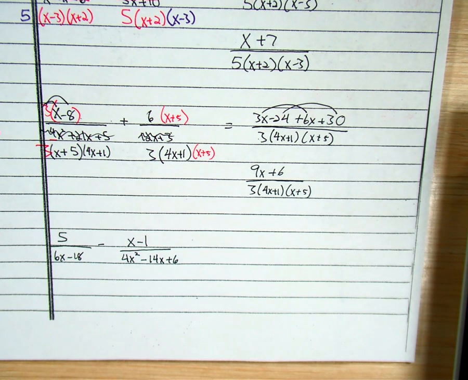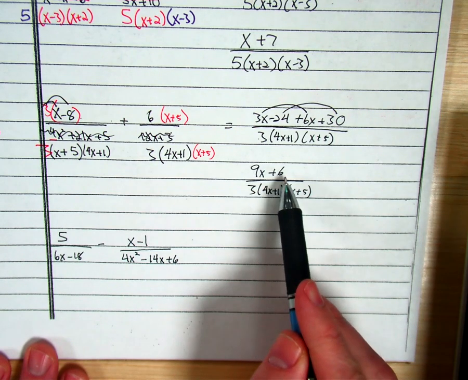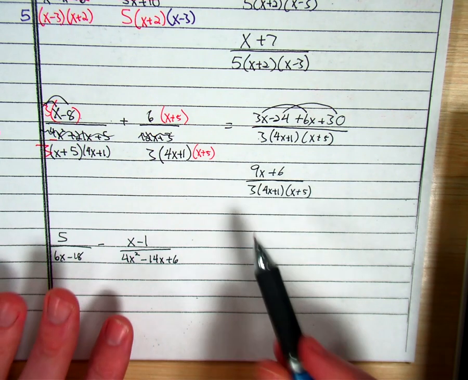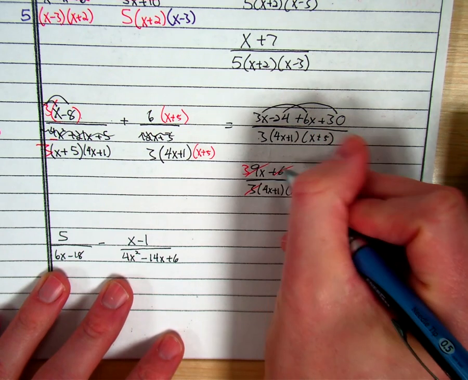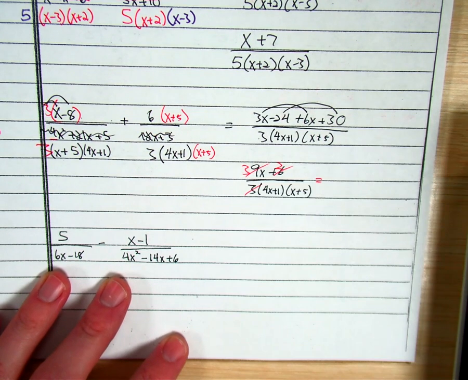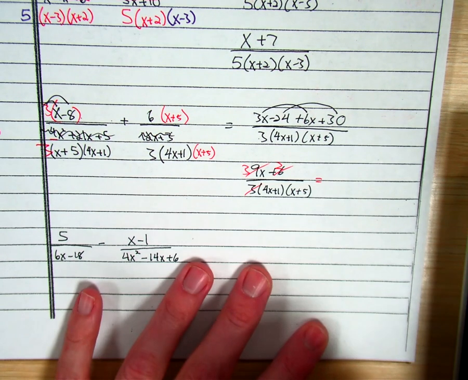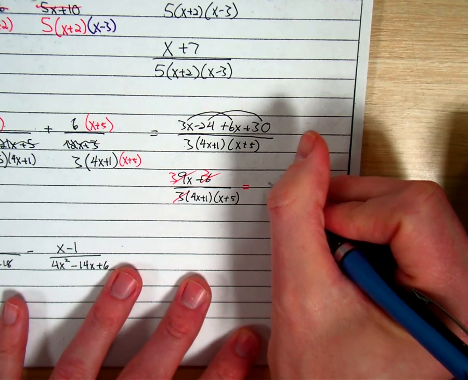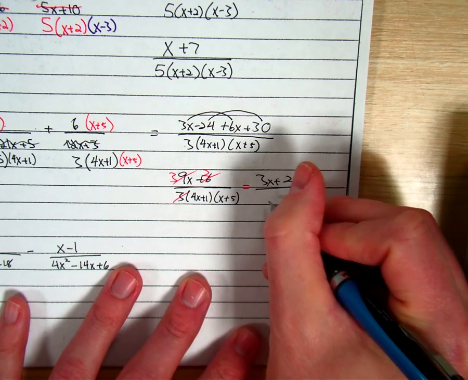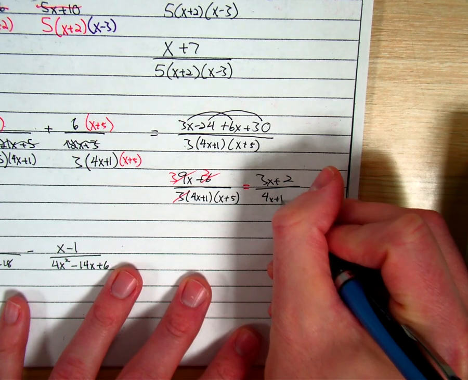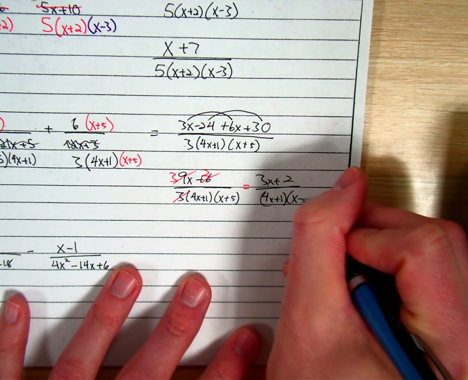All right, now double check. Can we simplify this anymore? 9, 6, 3. They're all divisible by 3. So we can divide all the main numbers there by 3. And now we have 3x plus 2 over just 4x plus 1, x plus 5.